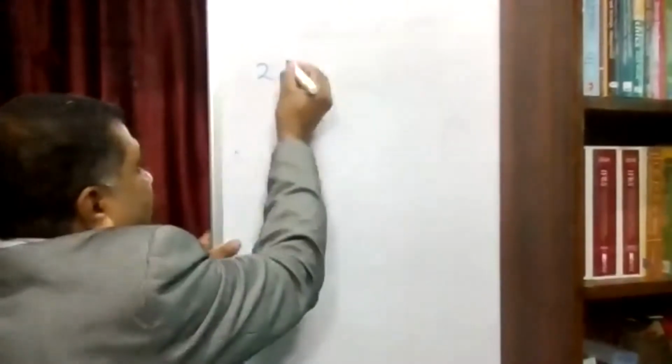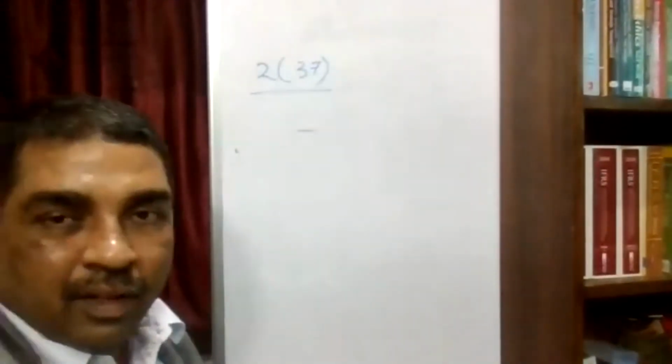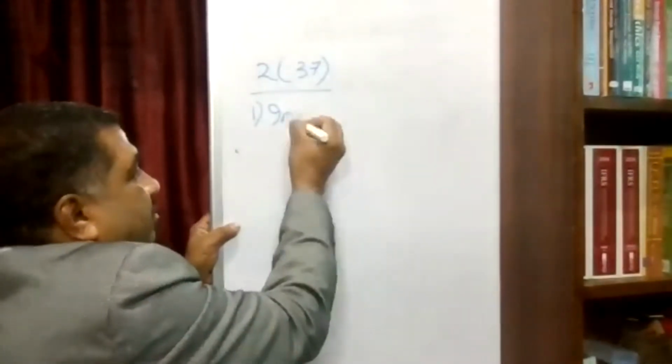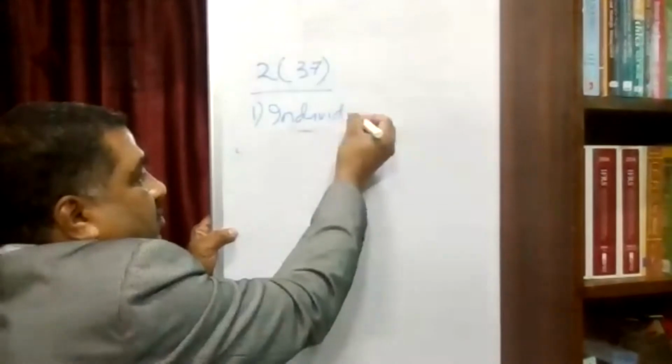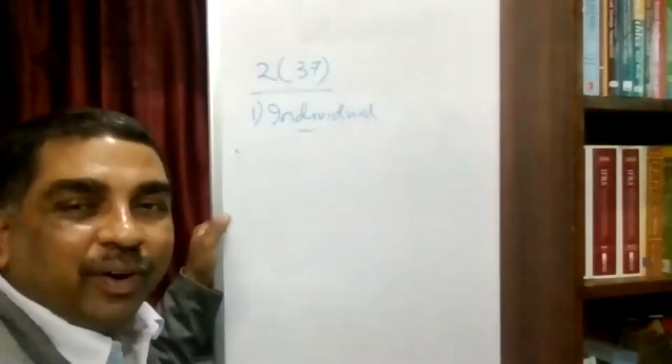Person includes what? Now, if some of you have remembered, you can help me. Which section am I talking about? Person includes number 1. Without referring to anything, let us see how far you have remembered.